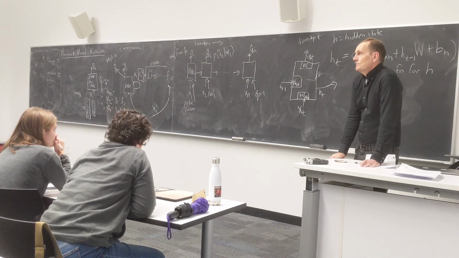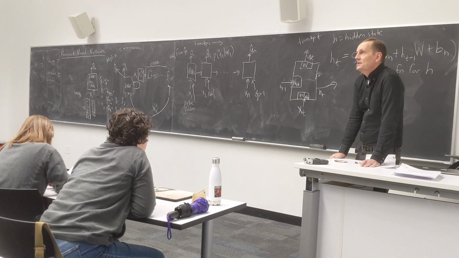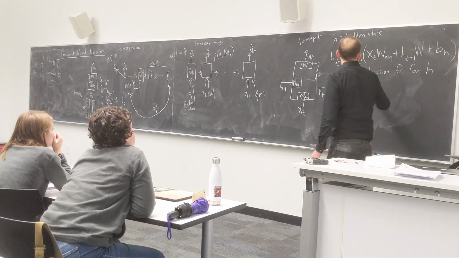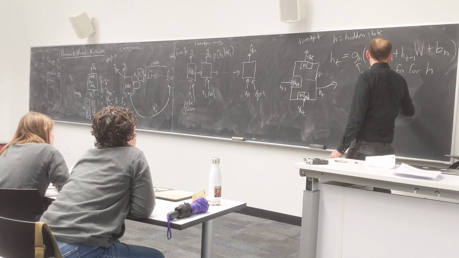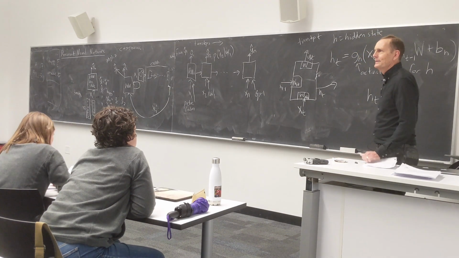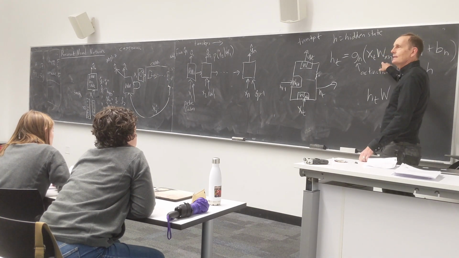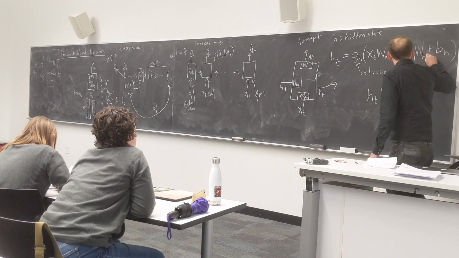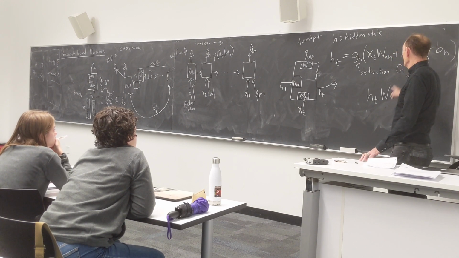So that's it. How do we do the output? What's the output going to be based on? The hidden state. So we're going to take the hidden state at time t, which we just calculated, and multiply it by W, what should we call this? W sub what? We call this one XH because it takes an X and gives you an H. This one is HH because it takes an H and gives you an H. So what should we call this one?